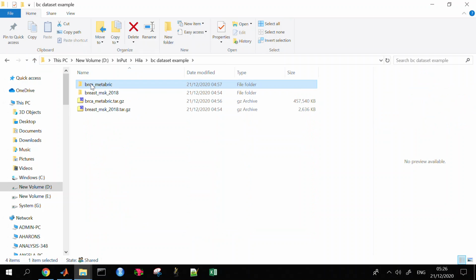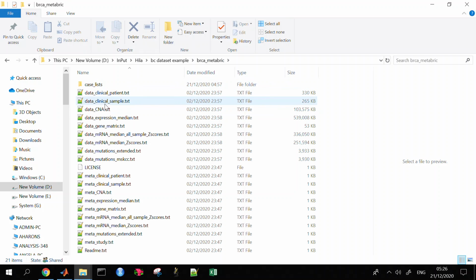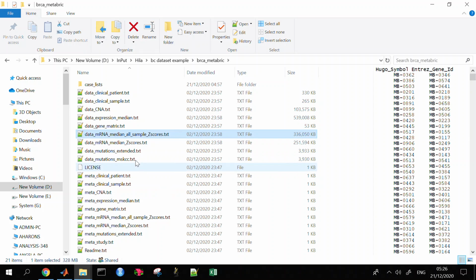So let's look at a good data set. So here is the gene expression table that we are looking for. We are looking for 3 tables: a gene expression table, a clinical table, and a mutations table.